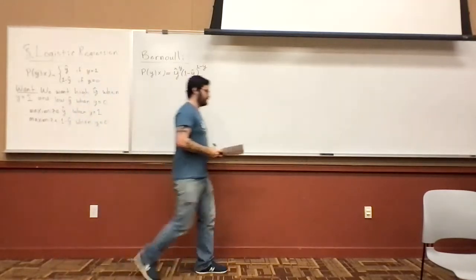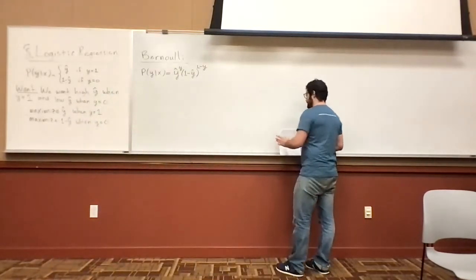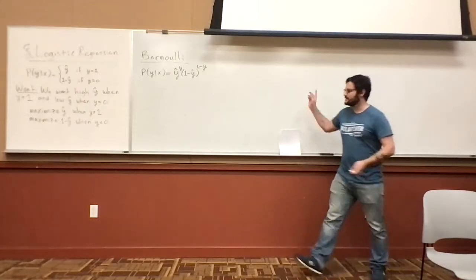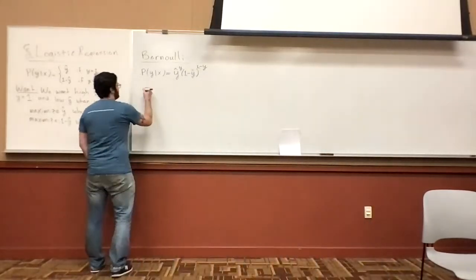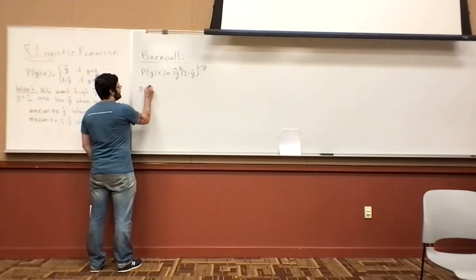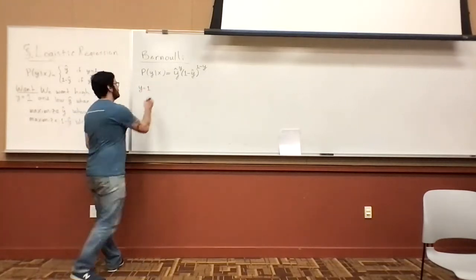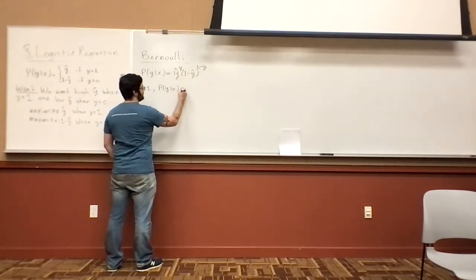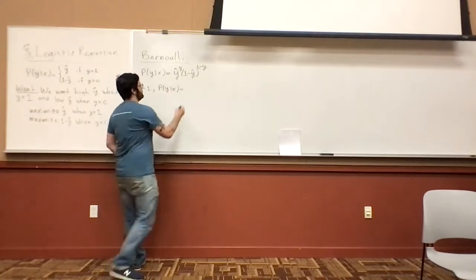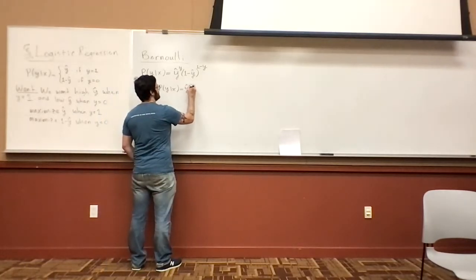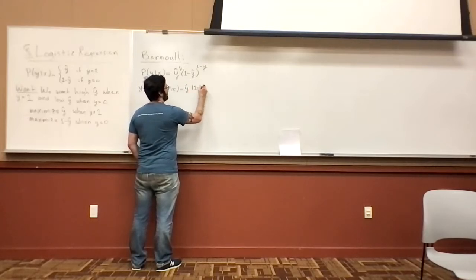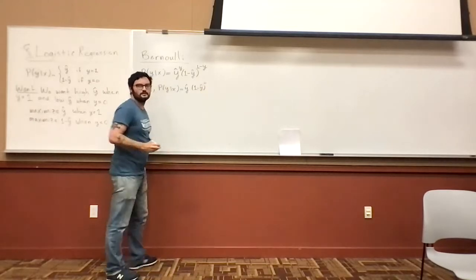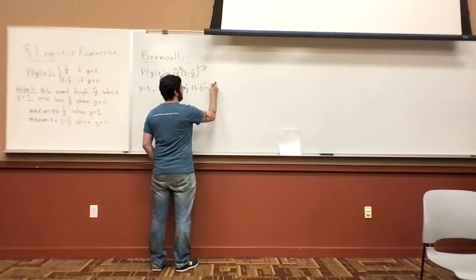So why would this formula make sense for us? Yes, if you look through your prob and stat notes, you'll see it, but why does it make sense for us? Well, what happens when y is equal to 1? The probability of y given x under this formula is going to be y hat to the power 1 times 1 minus y hat to the power 0, which just leaves us with y hat.